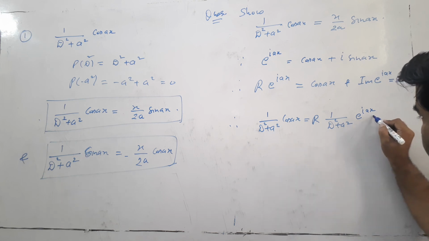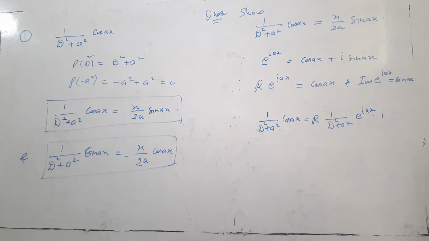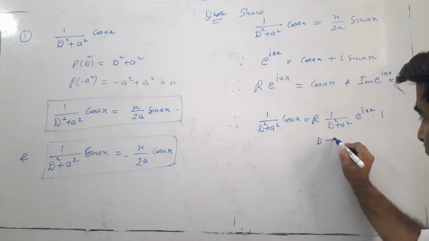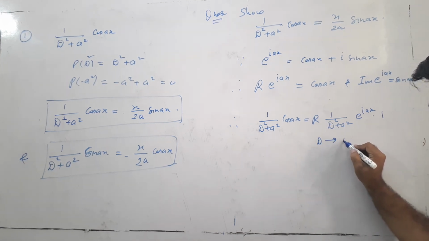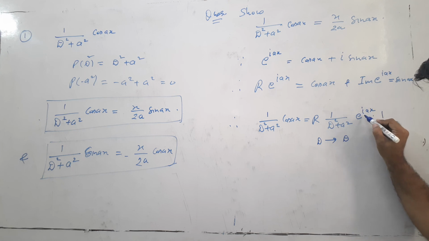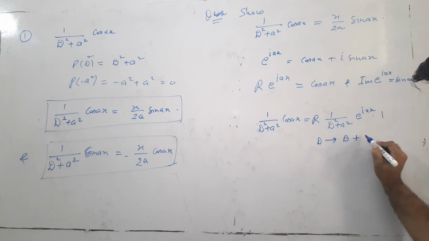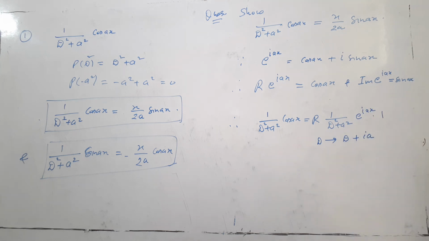So here we actually use e to the power ax into function of x. Here we replace d by d plus a, here a is ia.